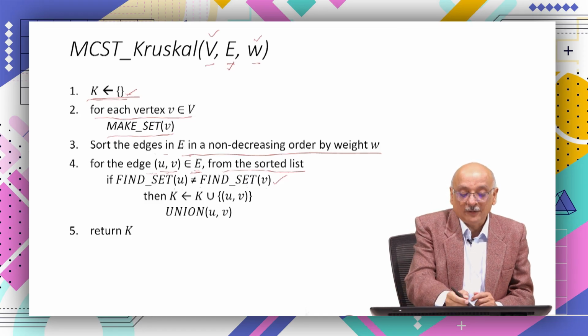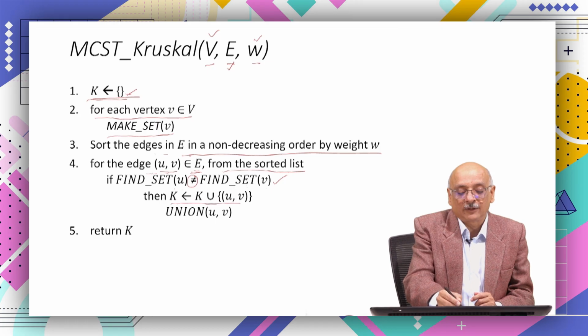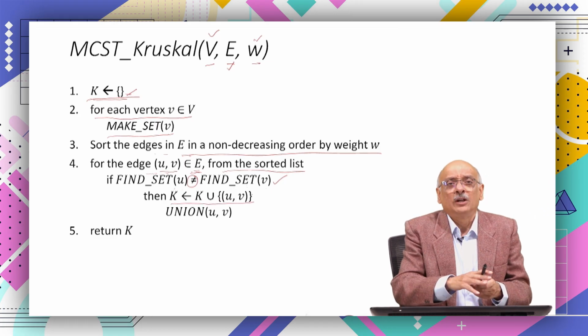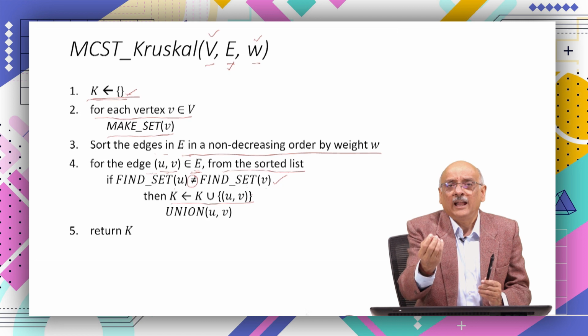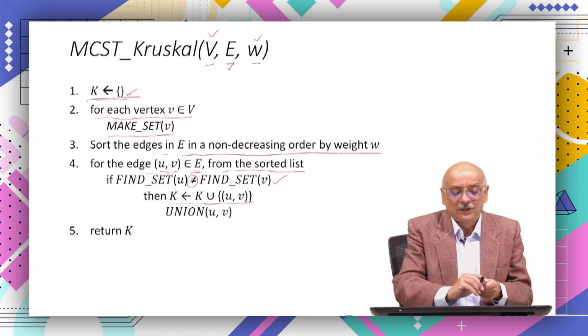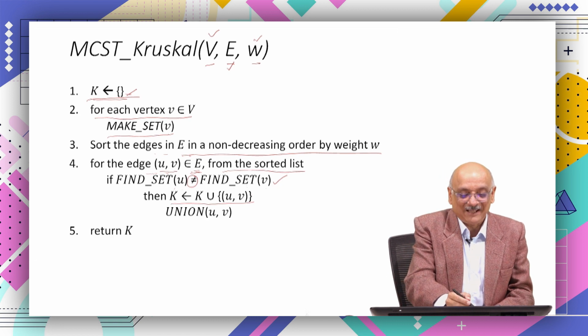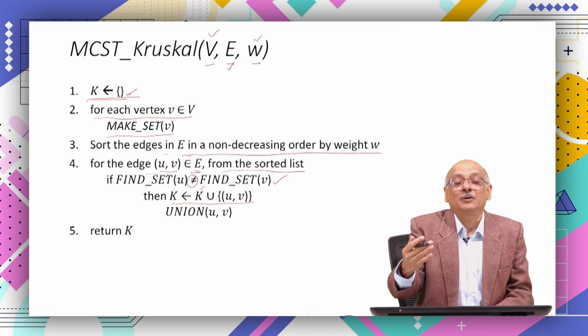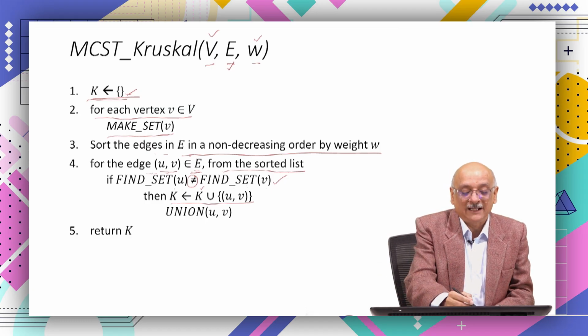If they are not equal, then you add that edge, because it is a greedy approach. We have selected the edge which has the least weight. So simply add it into the set of edges K, which forms the minimum cost spanning tree. Keep on adding edges by doing the union, adding that particular edge into K.